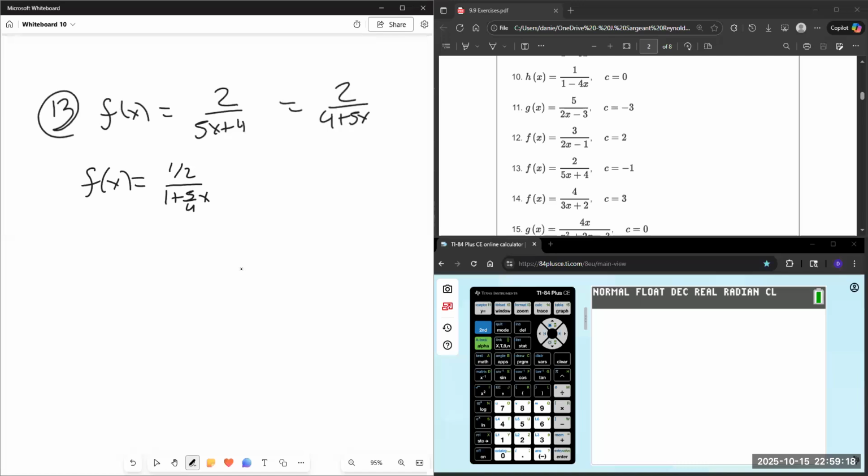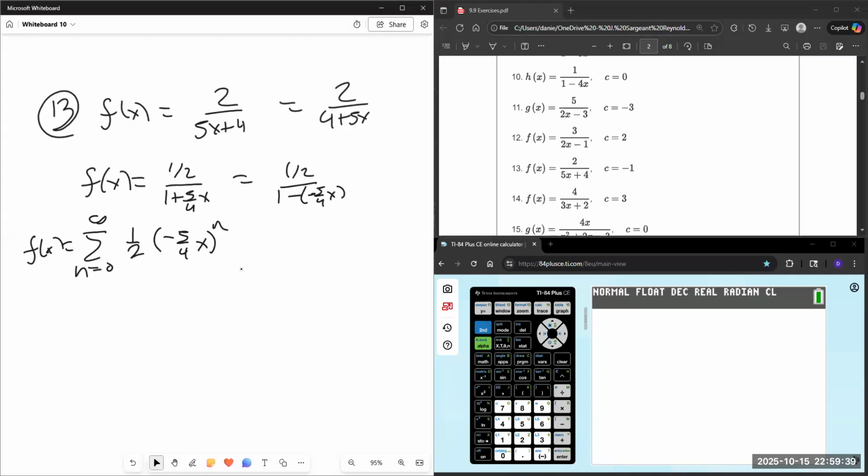And then this is going to be 1/2 over 1 minus a negative 5/4 x. So this is the summation n equals 0 to infinity of 1/2 times negative 5/4 x to the n.